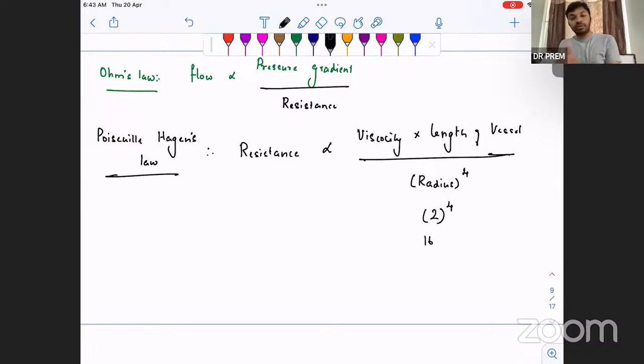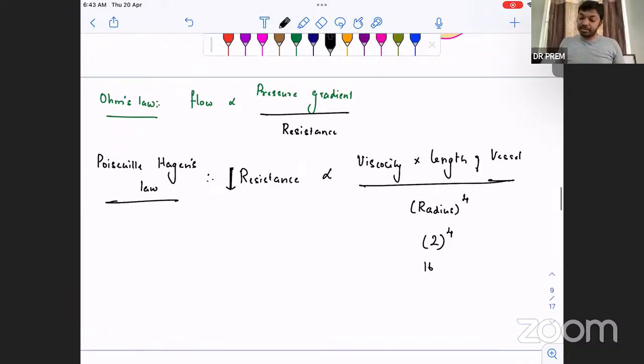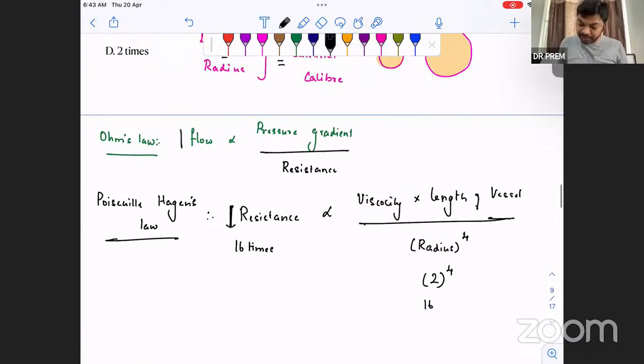So 2 into 2, 2 into 2, so 4 into 4, it's going to be 16. So actually resistance falls by 16 times. You see this. Resistance is inversely related to radius. So resistance falls by 16 times. Because resistance falls by 16 times, flow increases by 16 times.